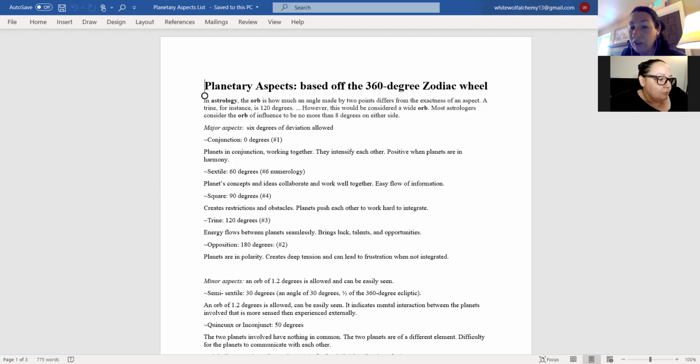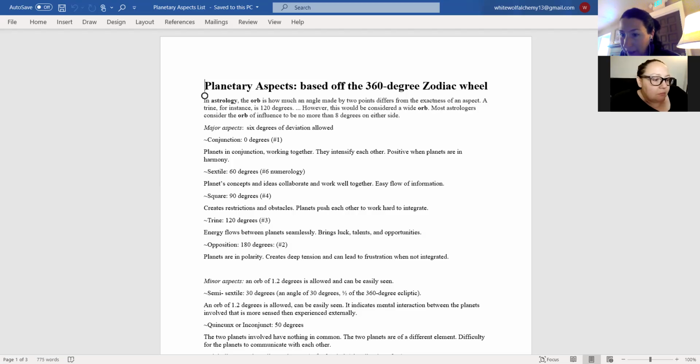Pentagon, pentagram. It's cool to see someone have a pentagram in their chart. Yeah. 144 degrees. I call these people old witches. Octagram. I mean, it's kind of endless how many shapes you can create.